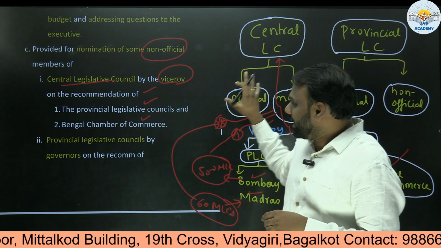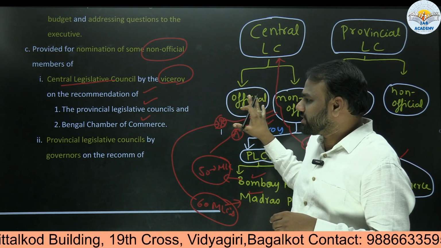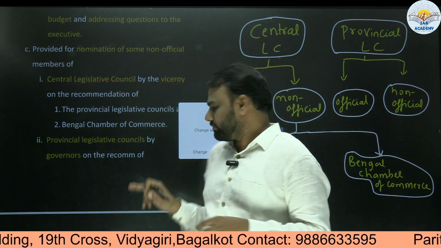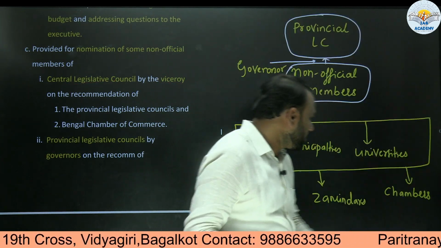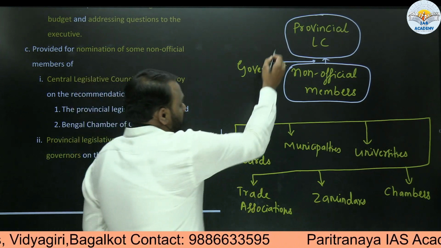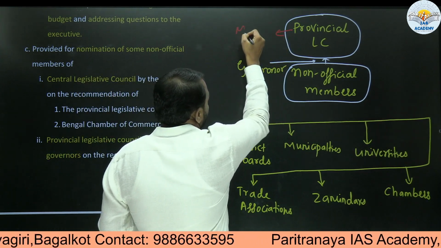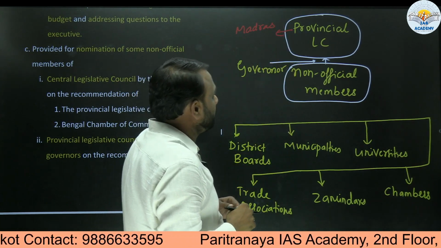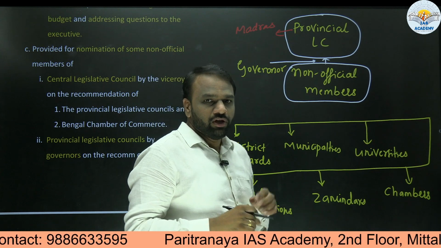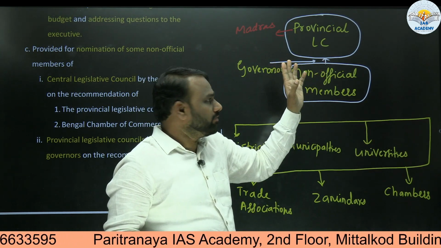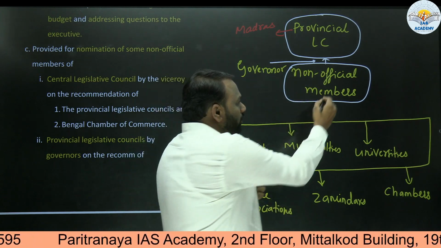Next, not only at the central level, but this provision also existed at the provincial level. So how is that? Okay. So this is at the provincial level. As an example, I will consider Madras Provincial Legislative Council. Few of the members who are appointed to Madras Provincial Legislative Council, what kind of members? Non-official members.